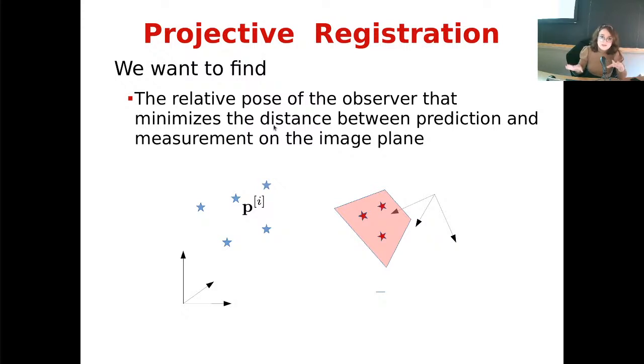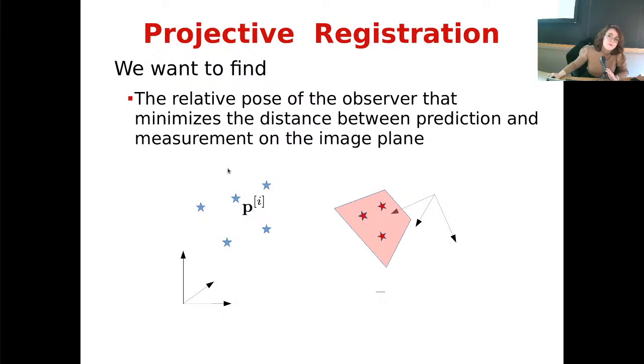In this case, we will be finding the transformation from the world frame to the camera frame so that points in the world frame transformed into the camera frame and then projected in the image using the camera model are as close as possible to the measurements, which are points in the image plane.